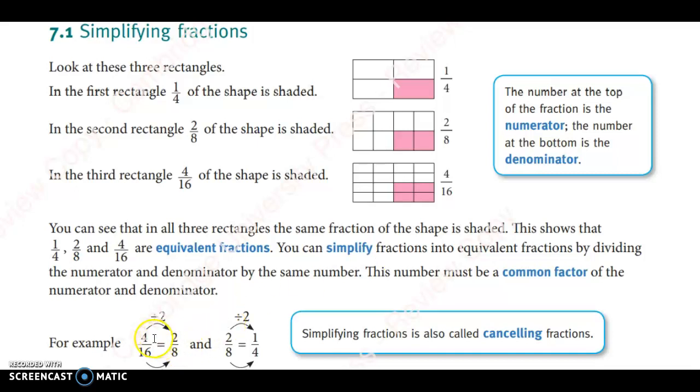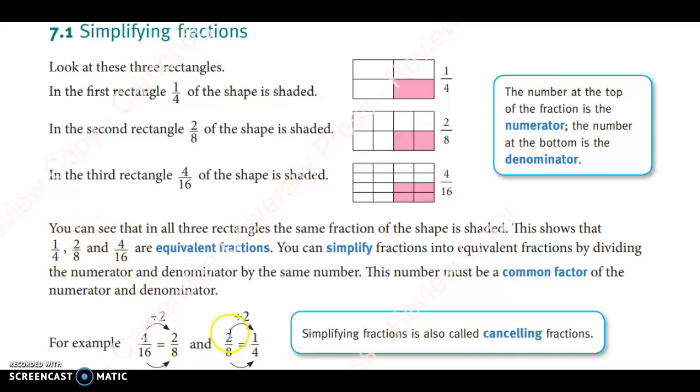For example, we have 4 out of 16 here. We are going to make it into another equivalent fraction. If we divide both 4 and 16 by 2, we have 2 out of 8. 4 divided by 2 is 2, 16 divided by 2 is 8. So we have another value, but they are equivalent.